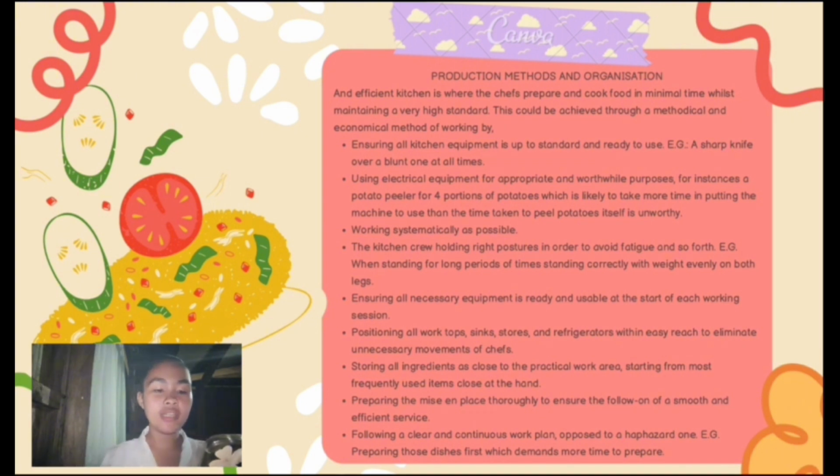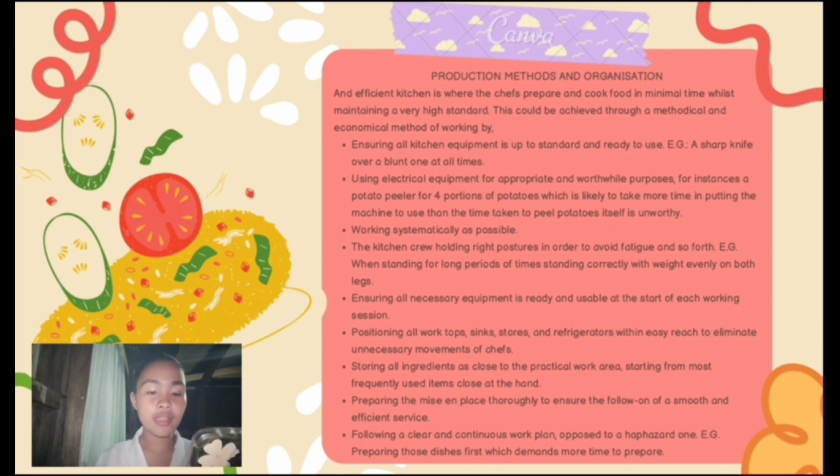An efficient kitchen is where the chefs prepare and cook food in minimal time whilst maintaining a very high standard. This could be achieved through a methodical and economical method of working by ensuring all kitchen equipment is up to standard and ready to use, a sharp knife over a blunt one at all times.